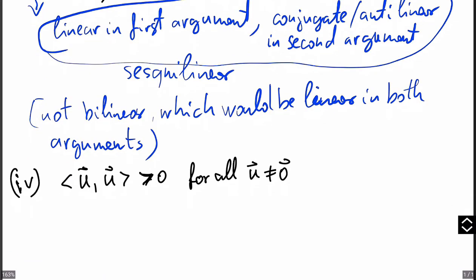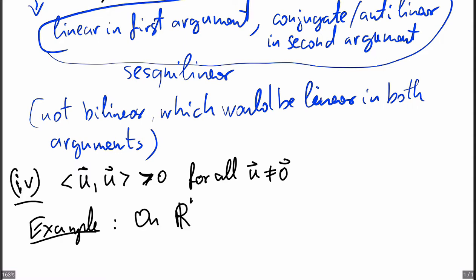So the first example that you should have seen already in undergraduate courses is the so-called dot product. So this would be usually on Rn, where we don't work with complex numbers, or in general it could be on any scalar field of dimension n, where we have x vector, which is just n scalars collected together.